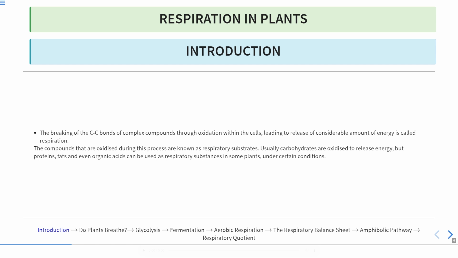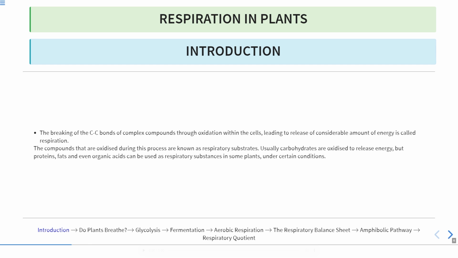Now, the compounds that are oxidized during this process are known as respiratory substrates. Usually, carbohydrates are oxidized to release energy. But proteins, fats, and even organic acids can be used as respiratory substrates.